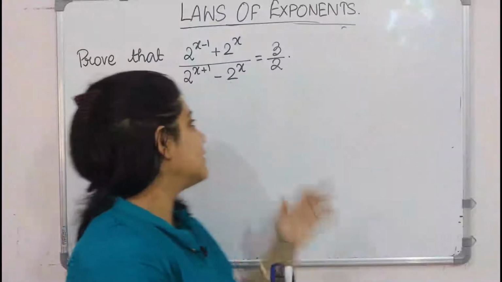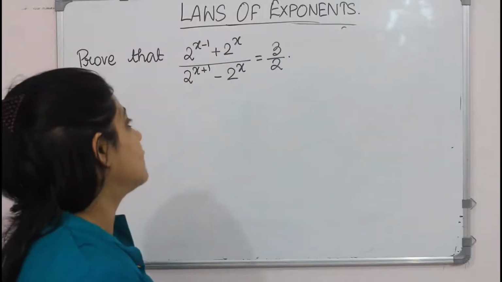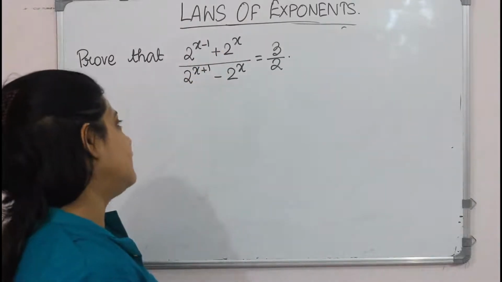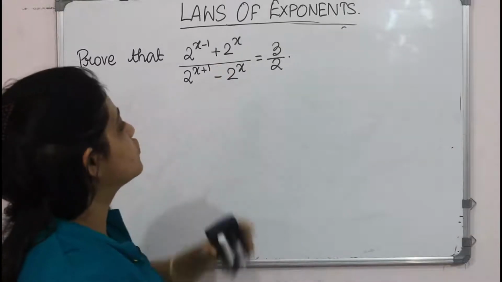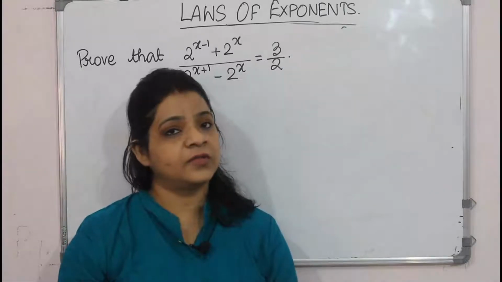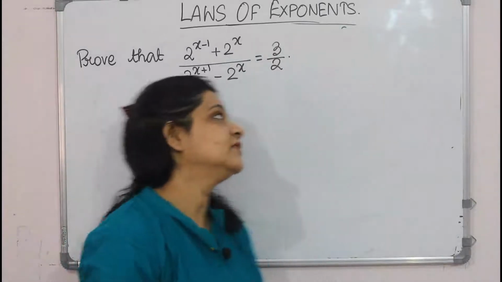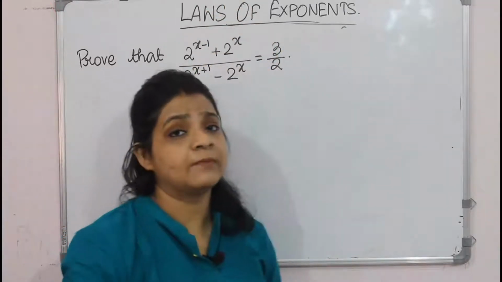This is the second sum where you have to prove 2 to the power of x minus 1 plus 2 to the power of x divided by 2 to the power of x plus 1 minus 2 to the power of x equal to 3 by 2. Now how to proceed with the sum? So first hint, you have to prove that it is equal to 3 by 2.